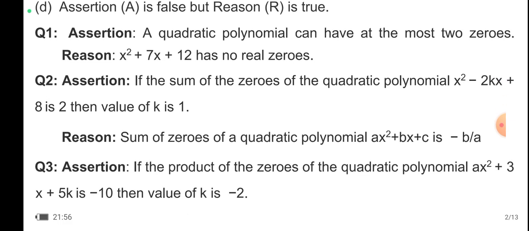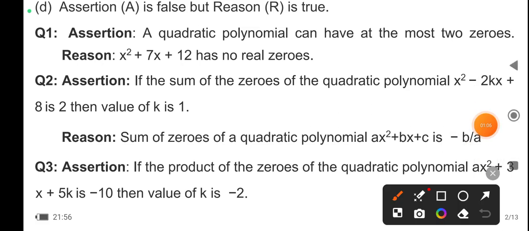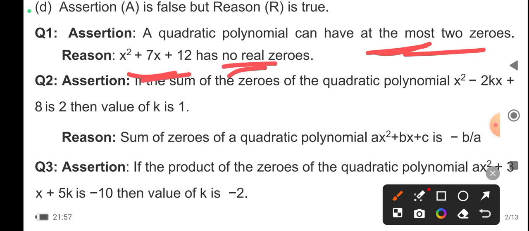A quadratic equation can have at most 2 zeros. So I can say yes, at the most 2 zeros can come. A quadratic polynomial has a maximum of 2 zeros. Correct. Reason: x square plus 7x plus 12 has no real zeros.